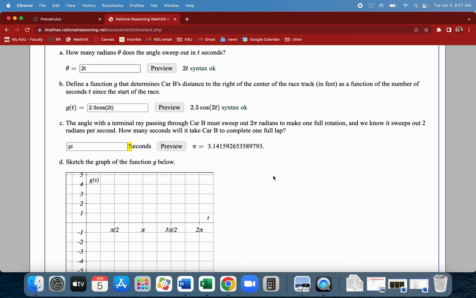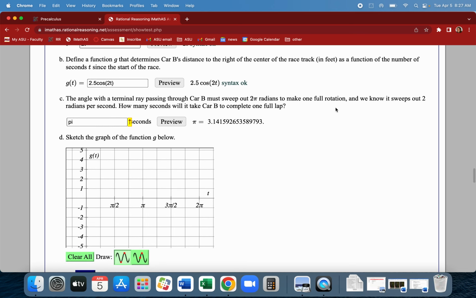So this graph then, it takes pi seconds to go all the way around for this car. Right? So between time 0, this is t, time on the horizontal axis, between time 0 and time pi, it's going to go all the way around.